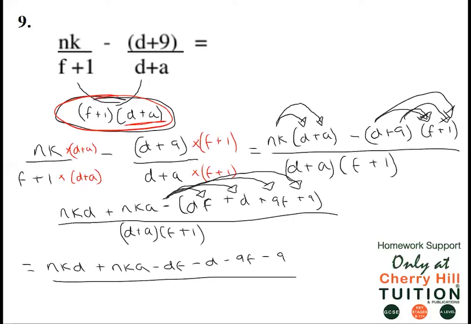This is all over (d+a) multiplied by (f+1). Okay, so we don't have any like terms in the numerator, so we can just leave it as it is, and this is our final answer.